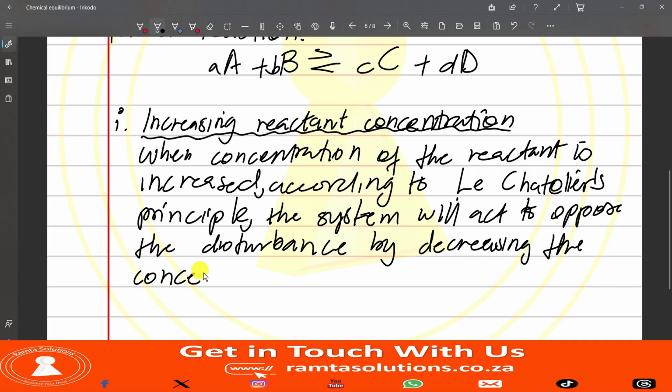Remember, the disturbance here is increasing reactant concentration.